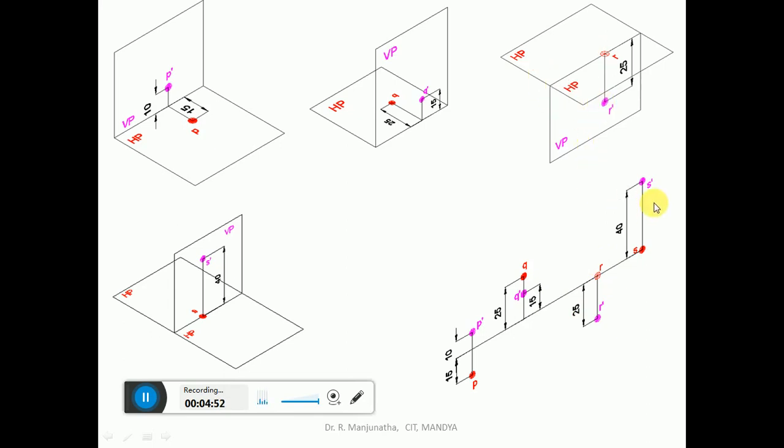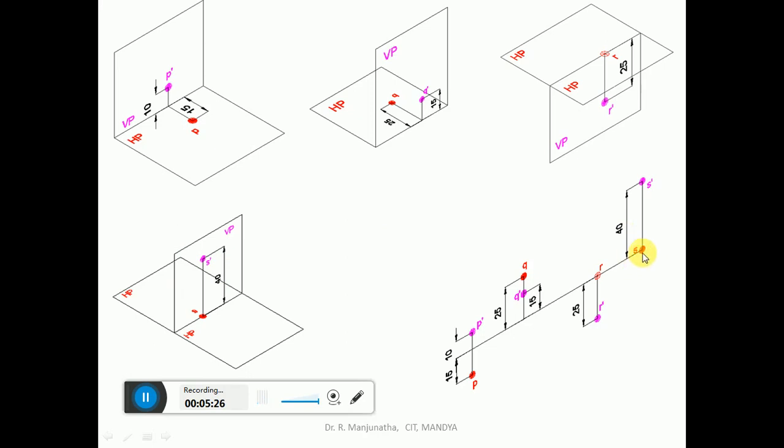Now we are going to consider the point capital S. Point capital S is above HP by 40 mm. So above HP condition is satisfied in first and second quadrant. And S is on VP, so obviously the point will be on HP, so this will be small s on the XY line, and this will be above HP. When it is rotated in the first quadrant, HP will come down, and in the second quadrant HP will go up, but the image will remain the same.